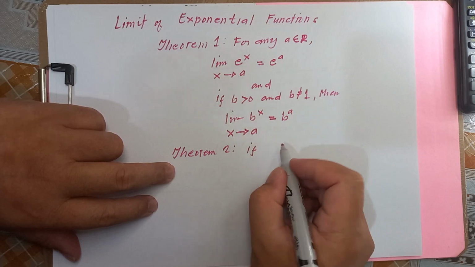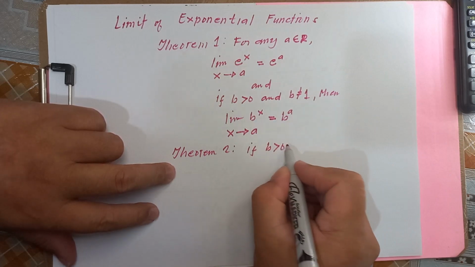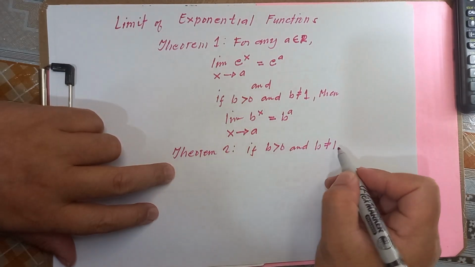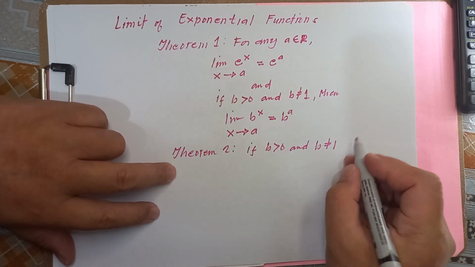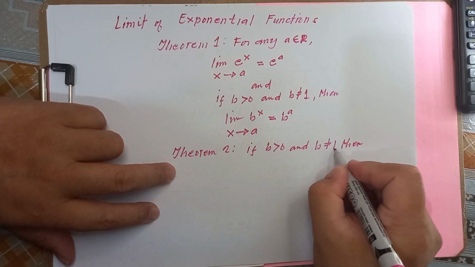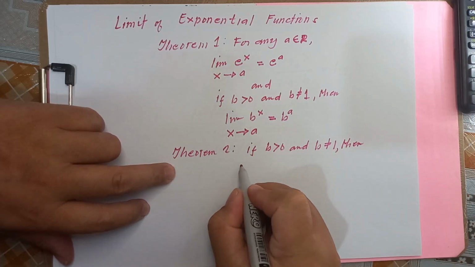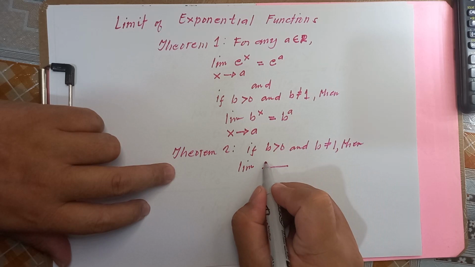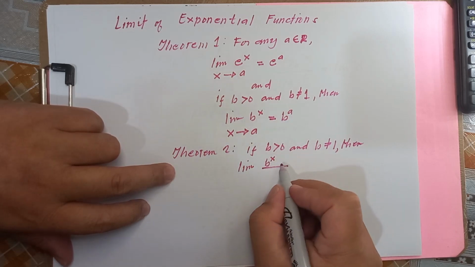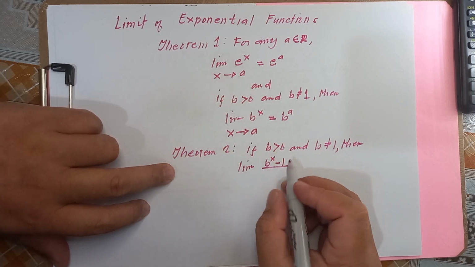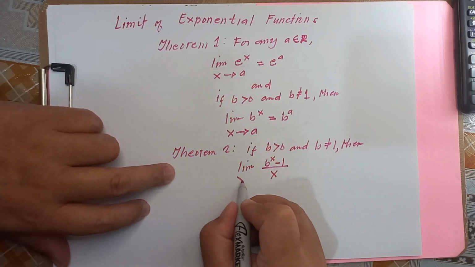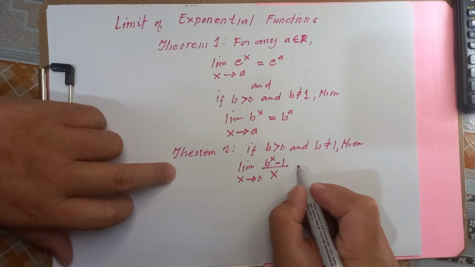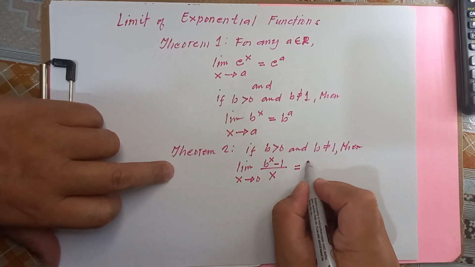If b is greater than 0, and of course b again is not equal to 1, then we have a limit that states that the limit of the quotient b raised to x minus 1 over x, as x is approaching 0, will be the natural logarithm of b.